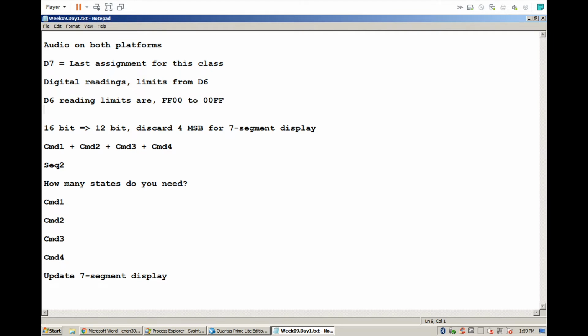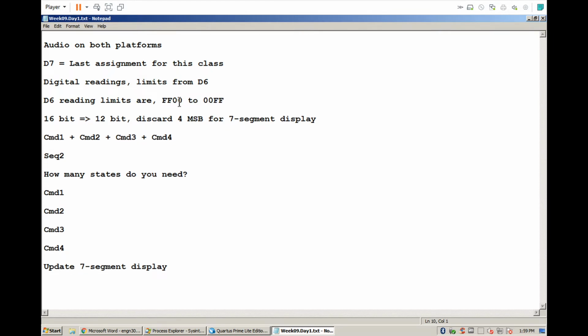So that means the 16 bits you're reading, you have to read 16 bits, but it's effectively 12 bits because the first four bits, or the four MSBs, are not that useful.